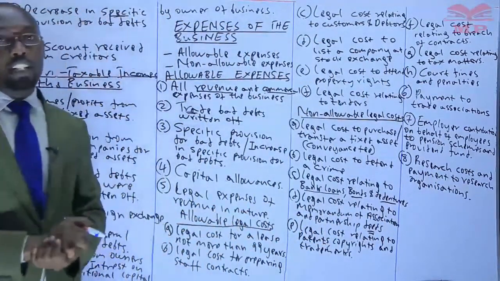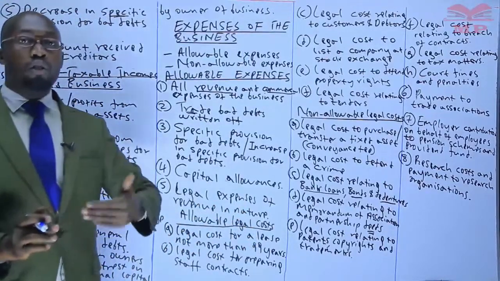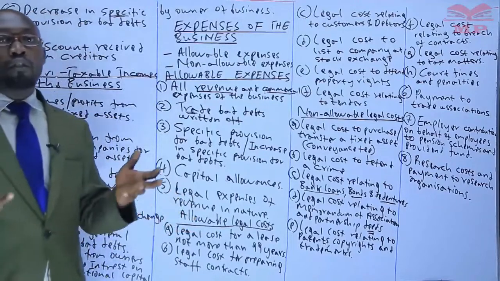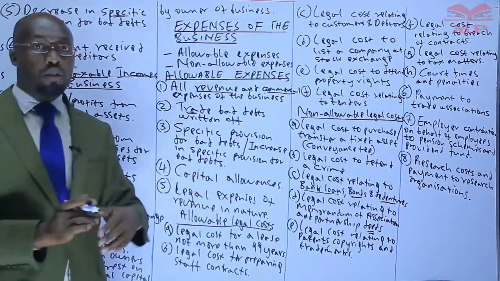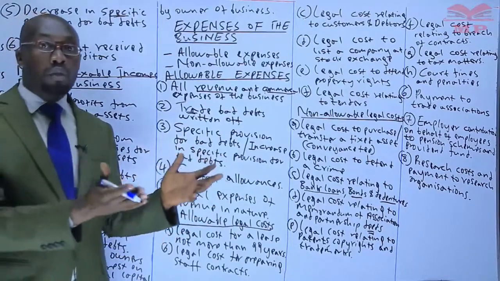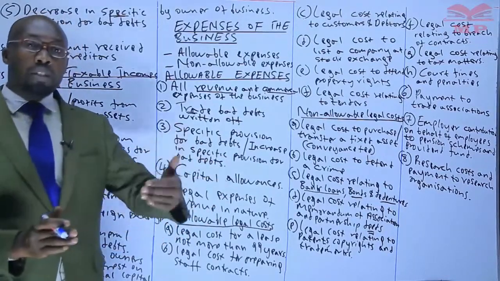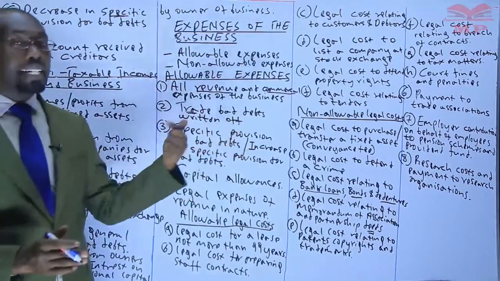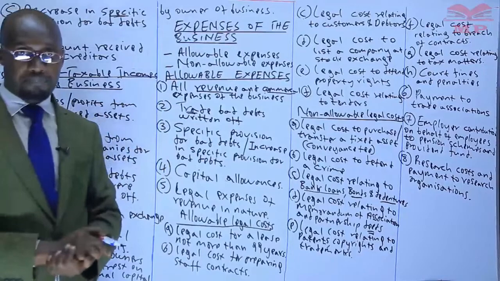If you are in business, for example, you want to introduce a new product. Before you do that, to increase the chances of it succeeding, you need to do some research. What do the customers want? Are they okay with what you are giving them? In the process, those research costs you incur, at the time of taxation, you'll be allowed to deduct them against your taxable income.